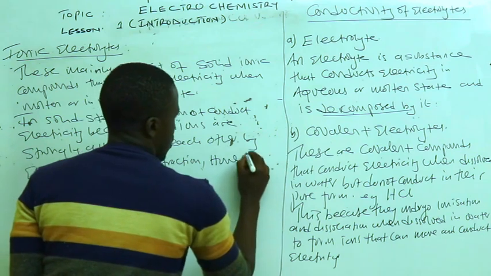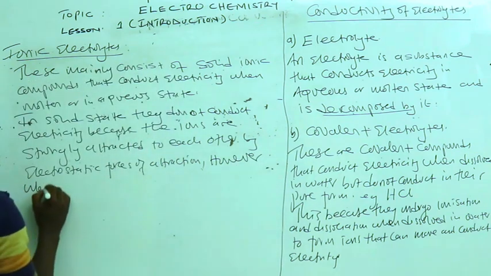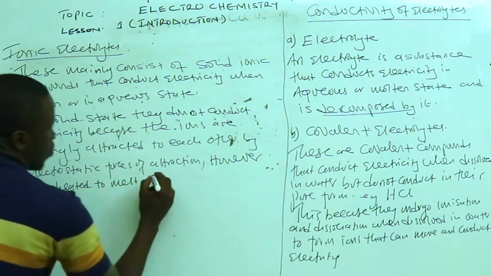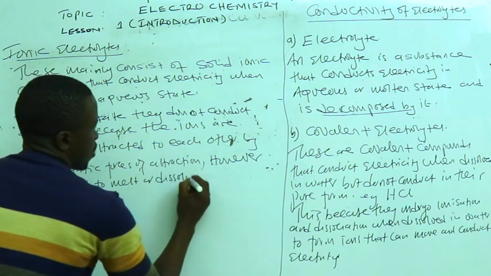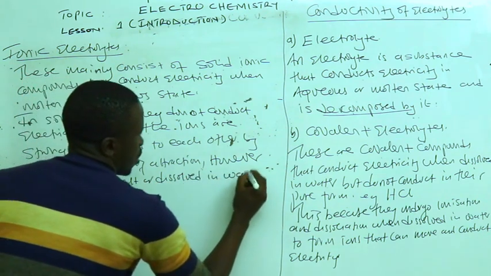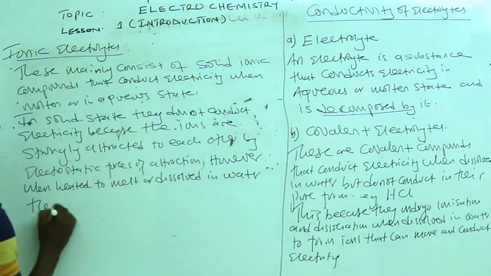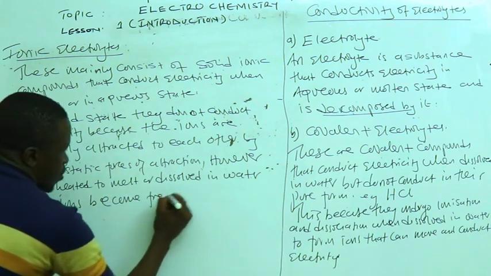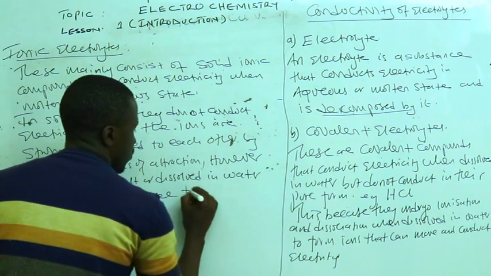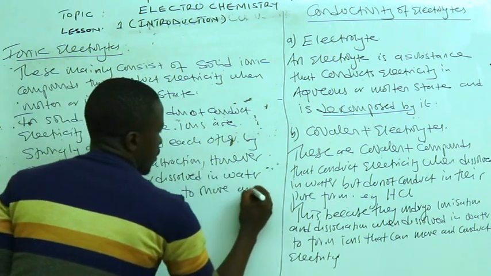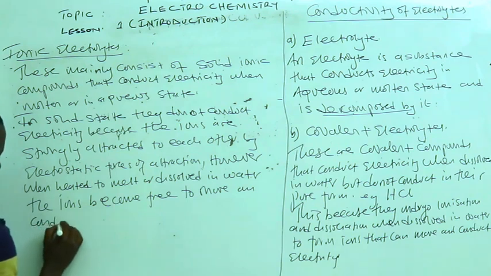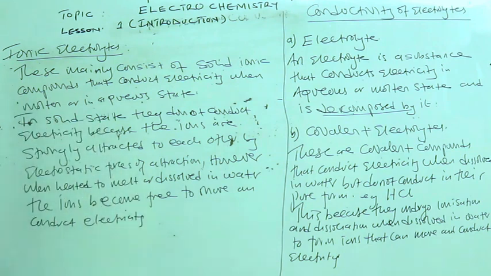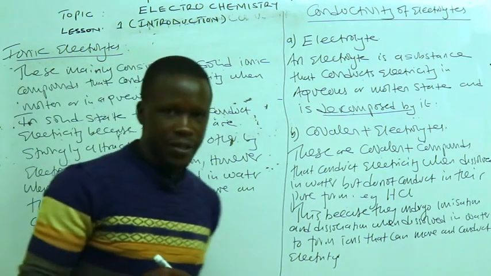However, when heated to melt or dissolved in water, the ions become free to move and conduct electricity. So, those are called ionic electrolytes.